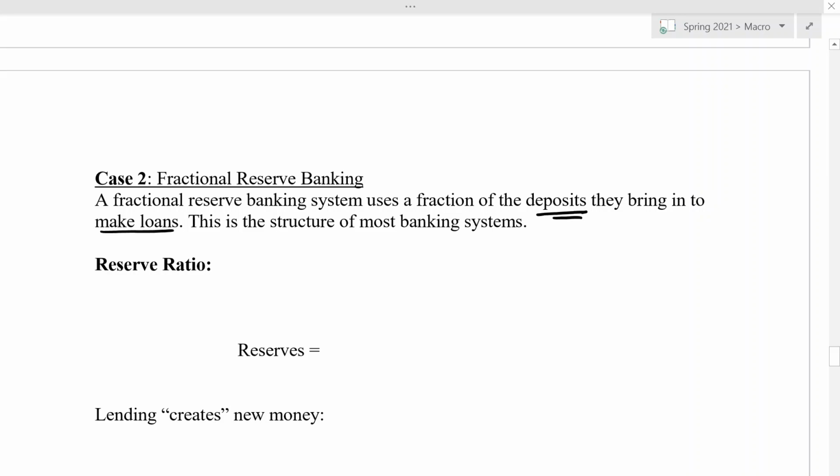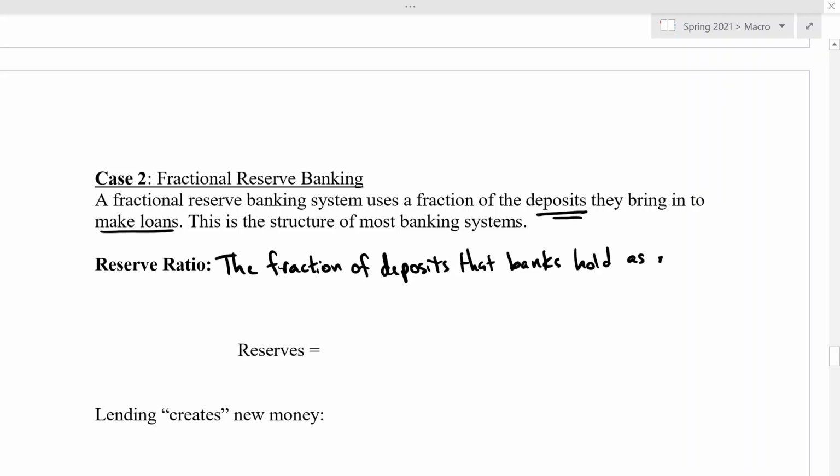So reserve ratio: the fraction of deposits that banks hold as reserves.